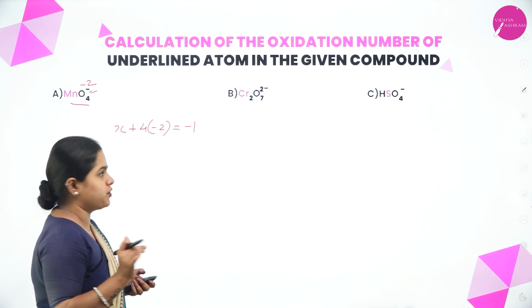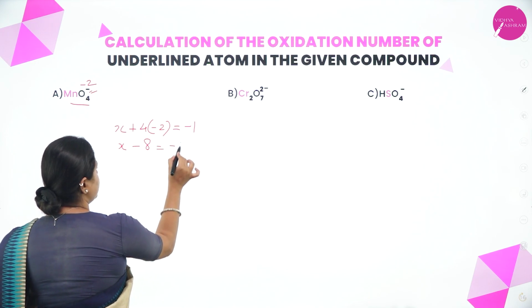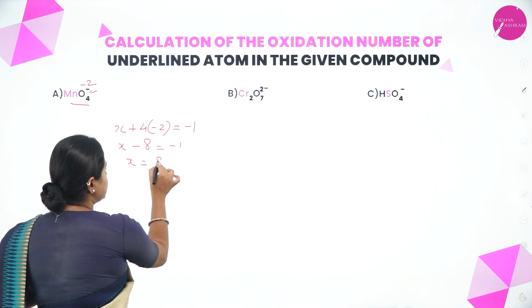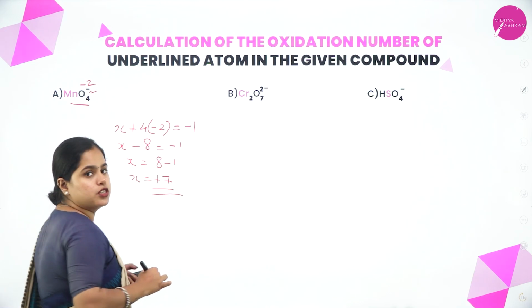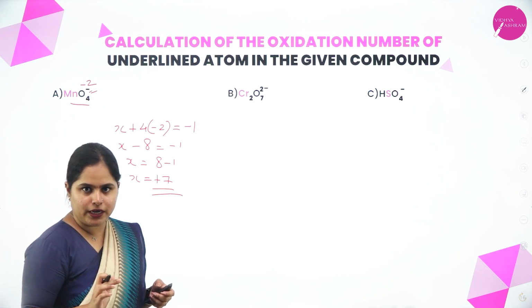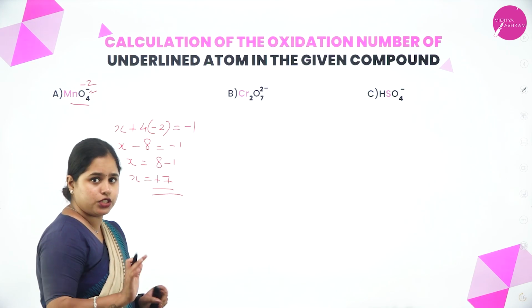It should be equal to minus 1, right? So X plus 4 into minus 2, which is minus 8, is equal to minus 1. This minus 8 I am taking to that side. It becomes 8 minus 1. So X will be equal to plus 7. So what is the oxidation number of manganese? It is plus 7. I hope it is clear. So when you have a charge there, the sum must be equal to that charge. It's not equal to 0.